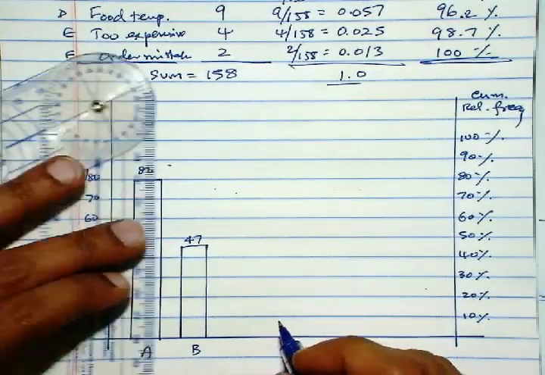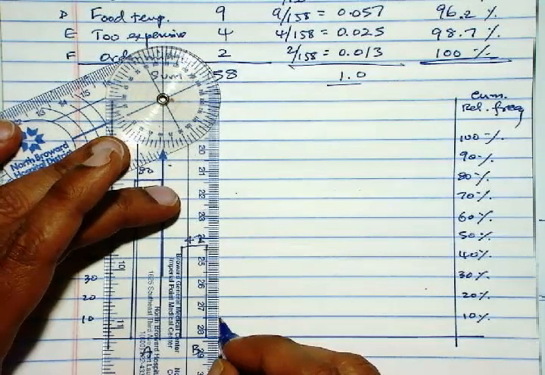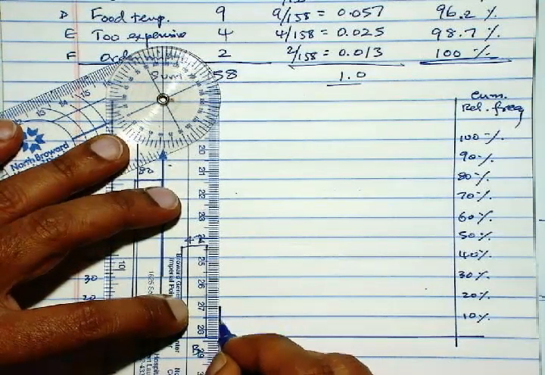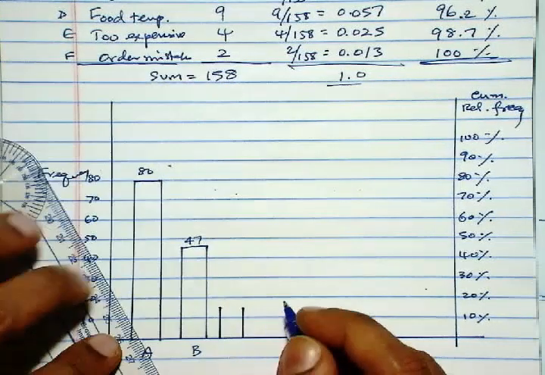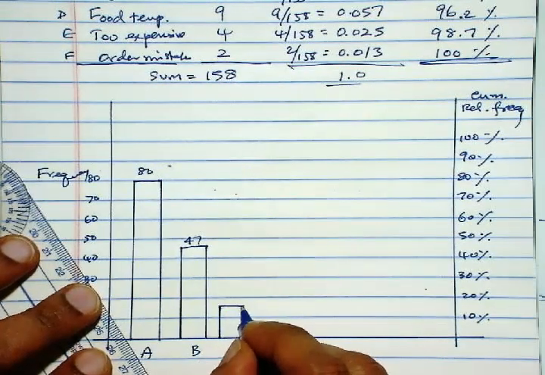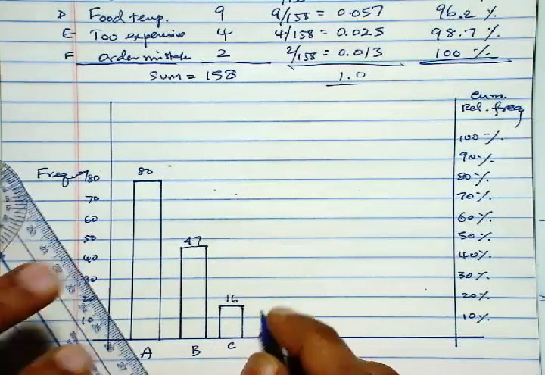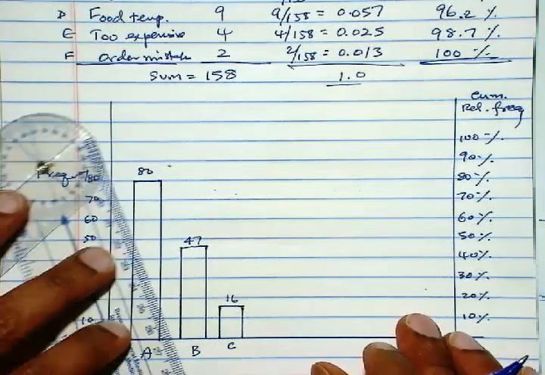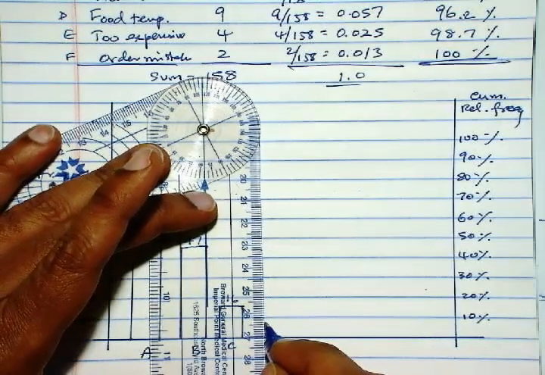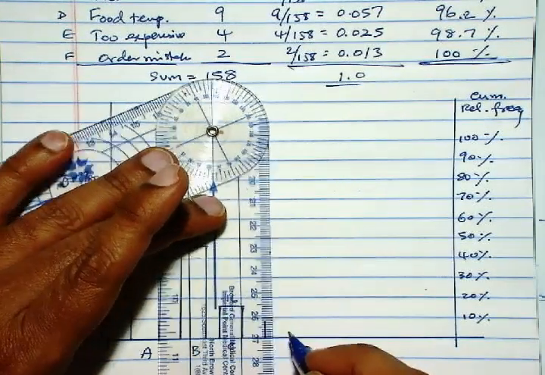Then next one is 16, so that will be about there. Okay, then 9 would be about there.